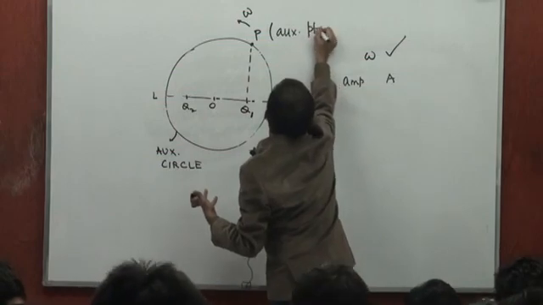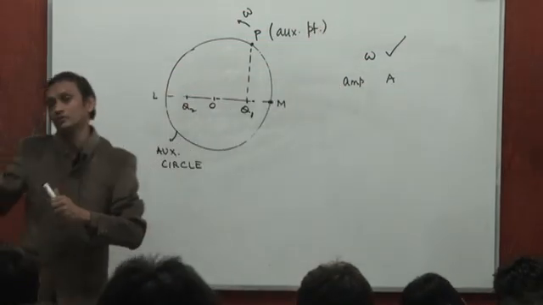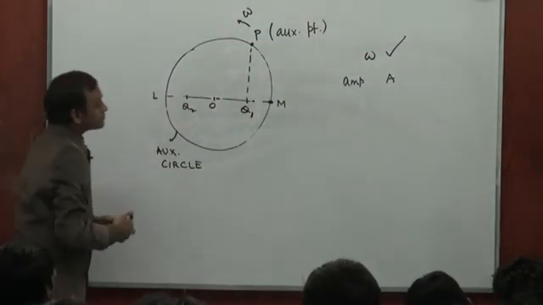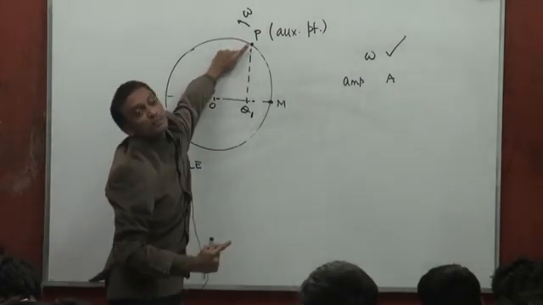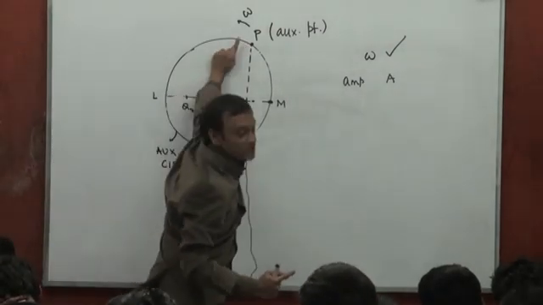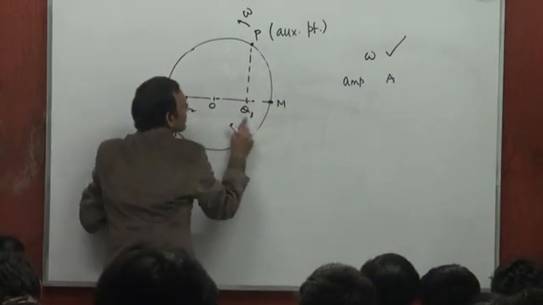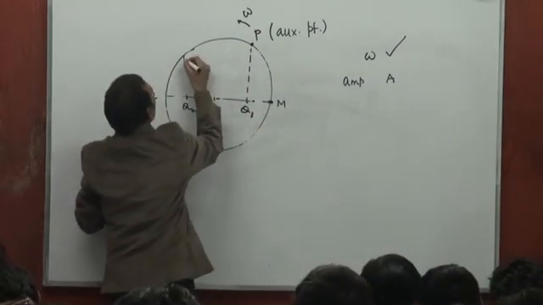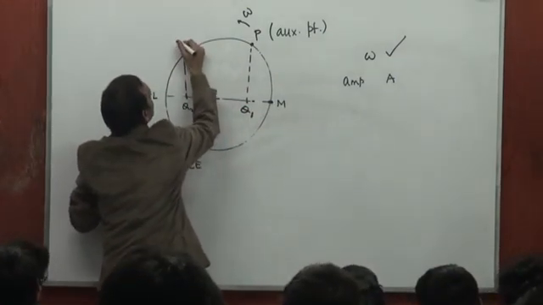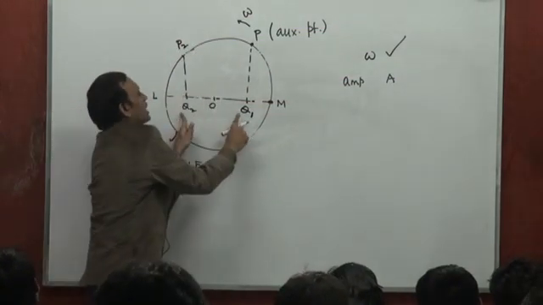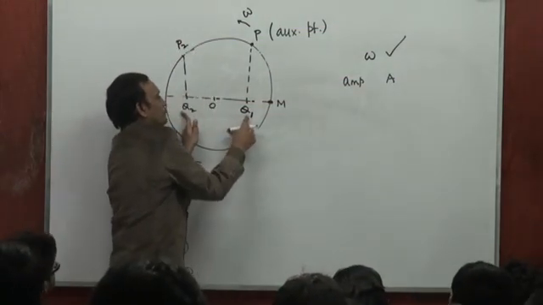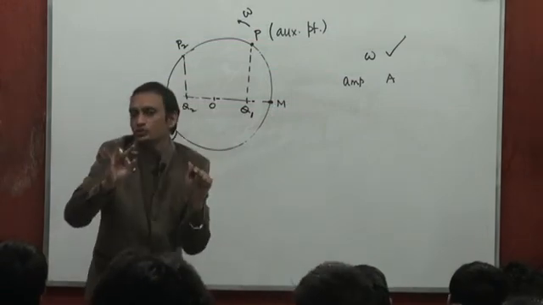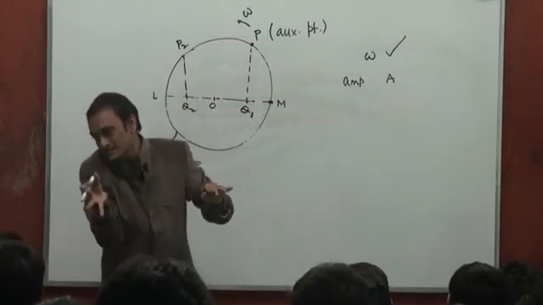I call it the auxiliary point, or the auxiliary particle. This has a much simpler motion. So while Q goes from Q1 to Q2, P goes from P1 to P2. And if I want to find the time it takes by the oscillator to go from Q1 to Q2, I don't deal with Q at all. I deal with P instead.